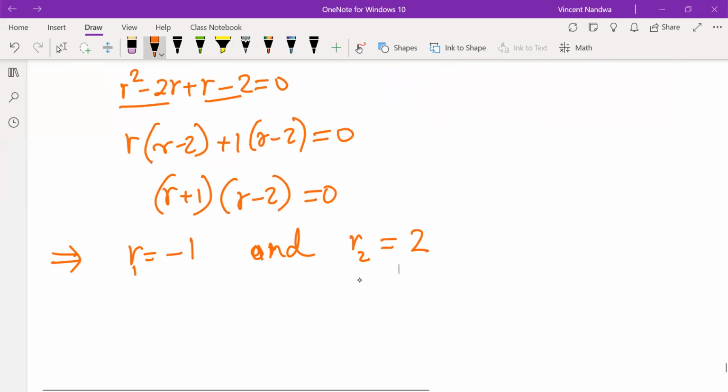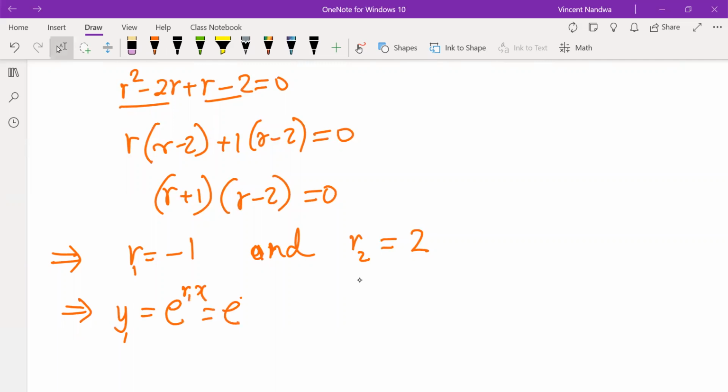So this means y1 is e raised power r1x, which is e raised power negative x. And second solution, y2 is e raised power r2x, which is e raised power 2x.